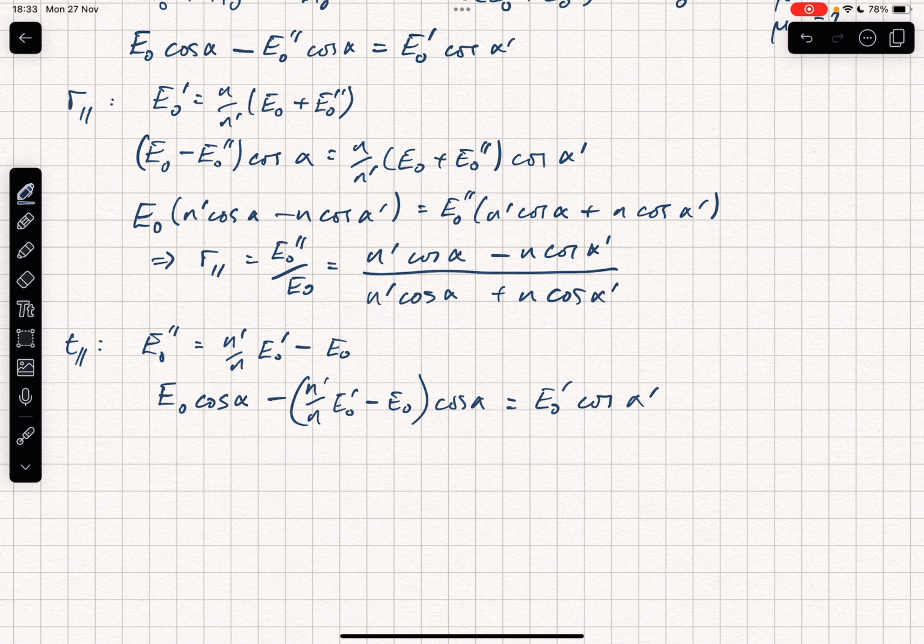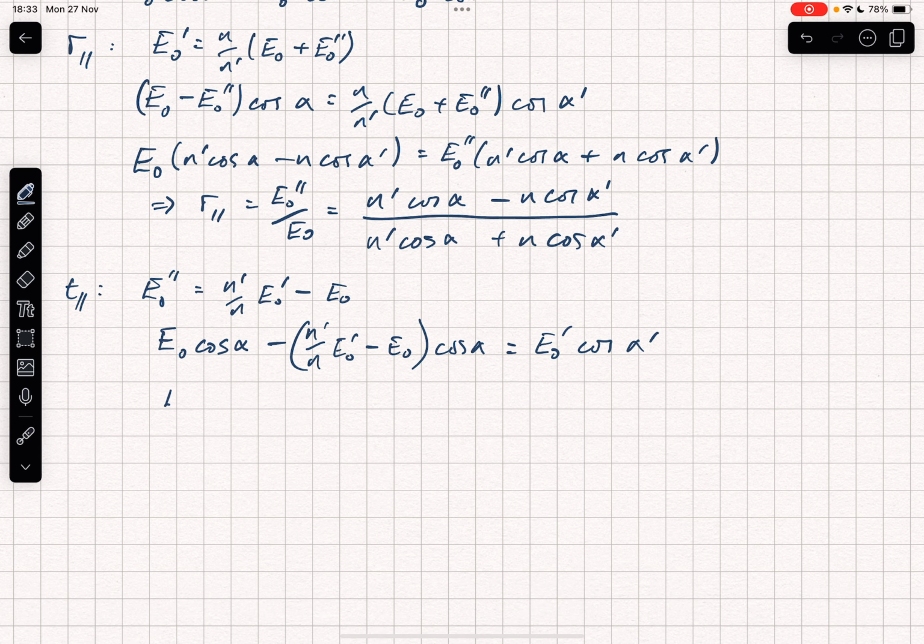So we're going to multiply the whole equation through by n and then rearrange, and when we do that we find that E0 into n cos alpha, that's the first term on the left hand side, and then the third term gives us another factor of n cos alpha, and that's going to equal E0 prime into n cos alpha prime plus n prime cos alpha.